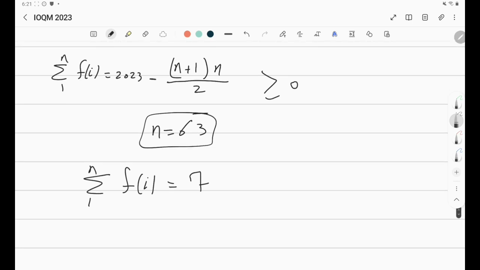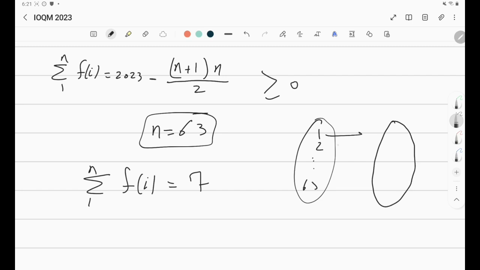Remembering f is non-decreasing, we just need to create the function on 1, 2, till 63, and each one is going to have a value.